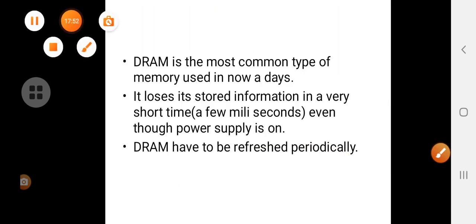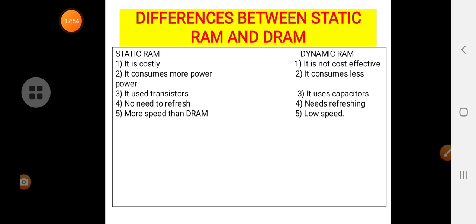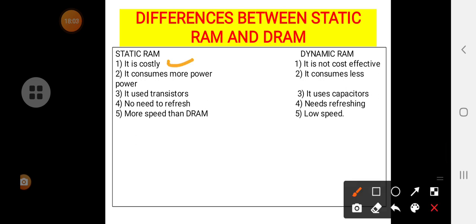Next, differences between static RAM and dynamic RAM. Static RAM is costlier, but dynamic RAM is cost effective, so only it is used nowadays. Static RAM uses more power, whereas dynamic RAM uses less power.